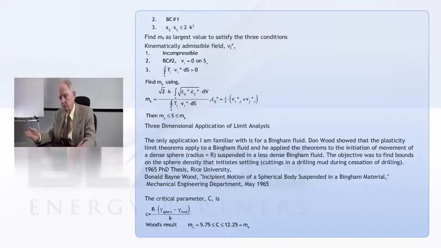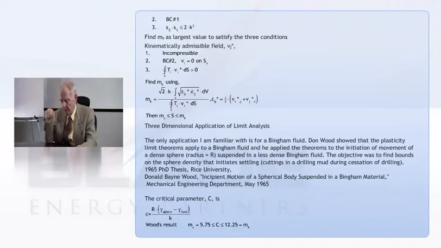So the question would be, for a given density and say maybe diameter of a particle, he took a sphere because that's the easiest. Take a sphere, put it in this Bingham material. How much yield point do you need in order to keep the sphere from settling? That is, how strong does the Bingham yield point have to be to keep the sphere stationary? And poor guy really suffered.